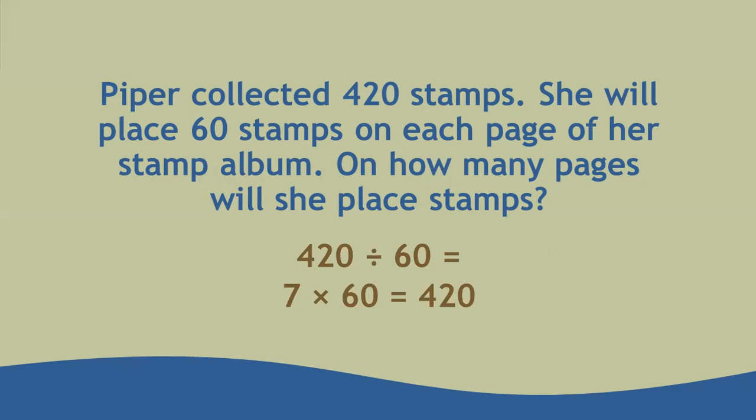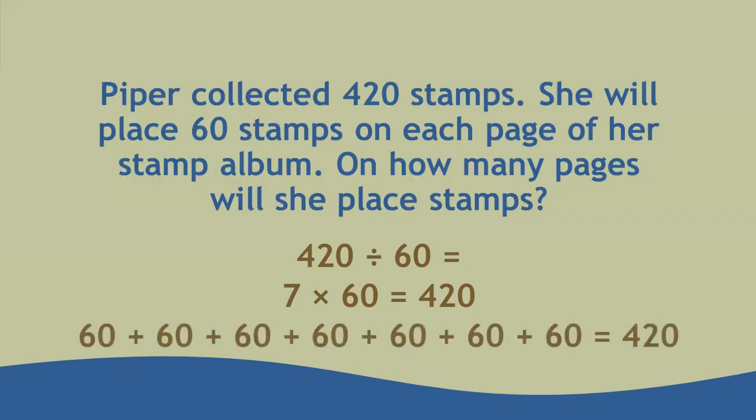We also talked about how to check yourself. So if 420 divided by 60, you get 7. So 7 times 60 to check yourself is 420. You can show that by adding up 60 plus 60 plus 60 plus 60 plus 60 plus 60 plus 60 and getting 420.